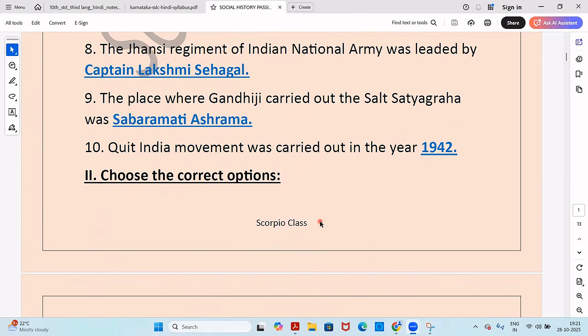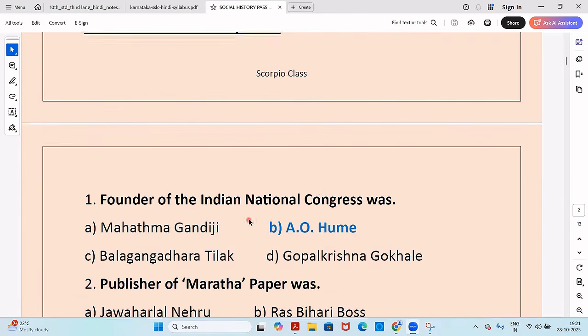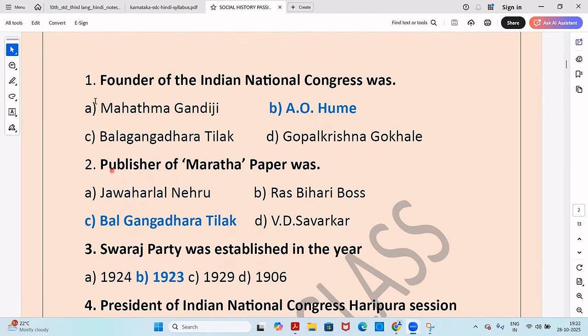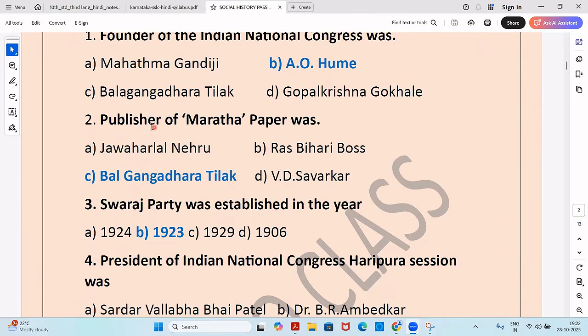Now we move on to choose the correct options. Here you have 4 options. I'll just read out the right option for you all. First one, founder of the Indian National Congress was option B, A.O. Hume. Next, publisher of Maratha paper was option C, Bal Gangadhar Tilak.